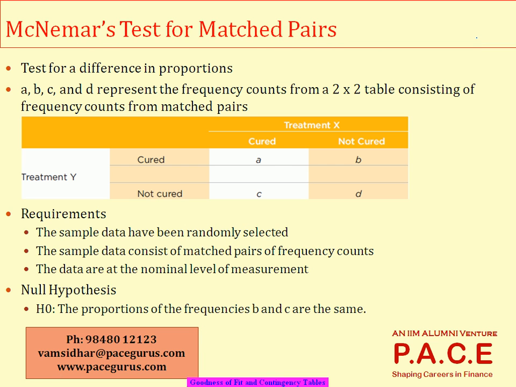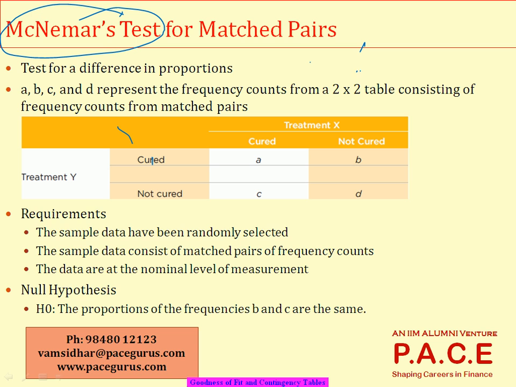Then one more test which I am more interested in is McNemar's test, a small adjustment to our contingency tables approach, or probably a special version of the contingency table approach.